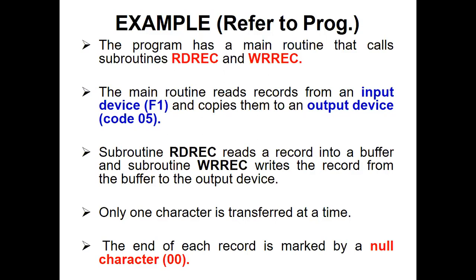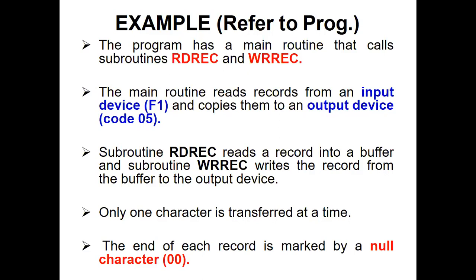So the main routine reads records from an input device, which is called F1, and copies them to an output device, which has a code 05. What RDREC does is to read a record.